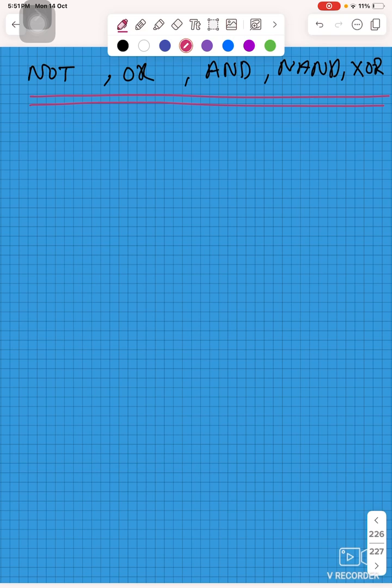So first of all, the NOT gate. We know this is how the symbol looks for the NOT gate.